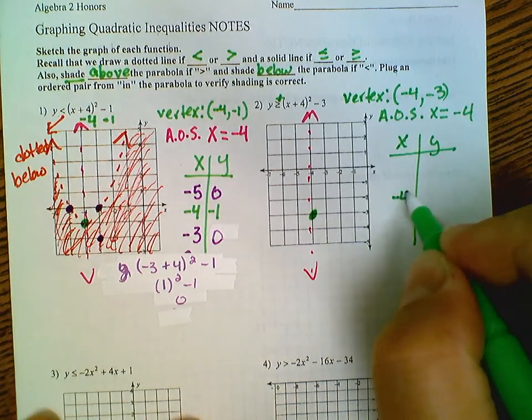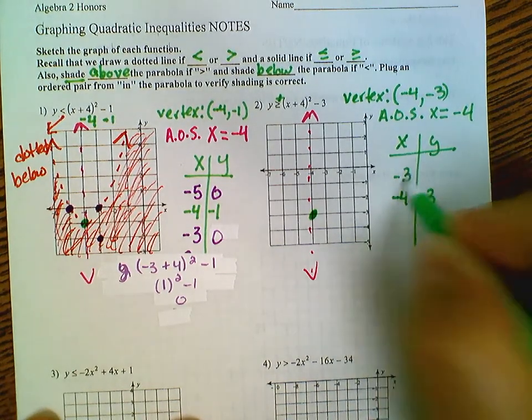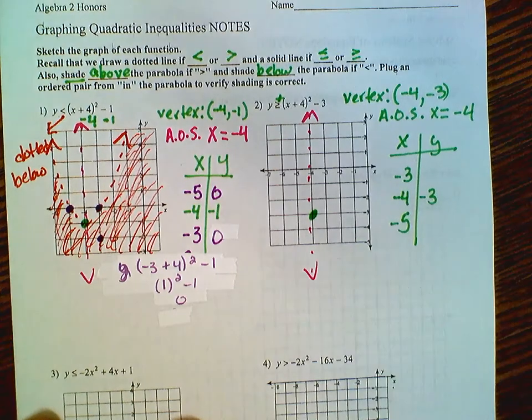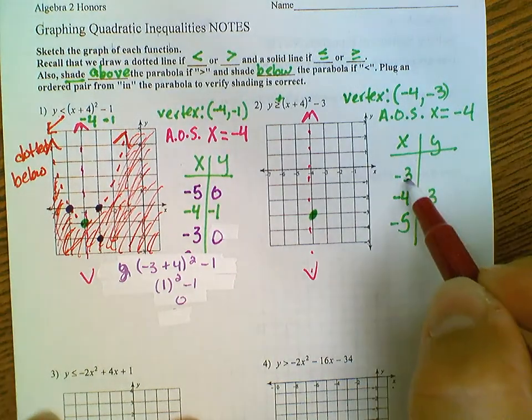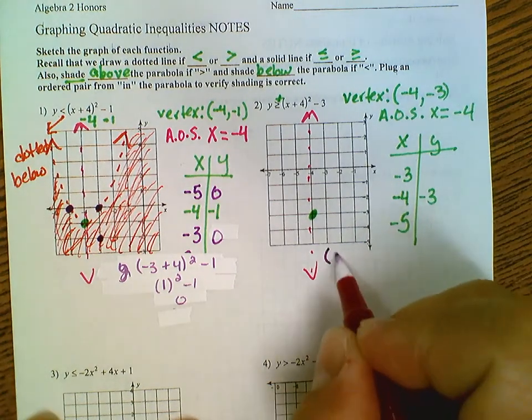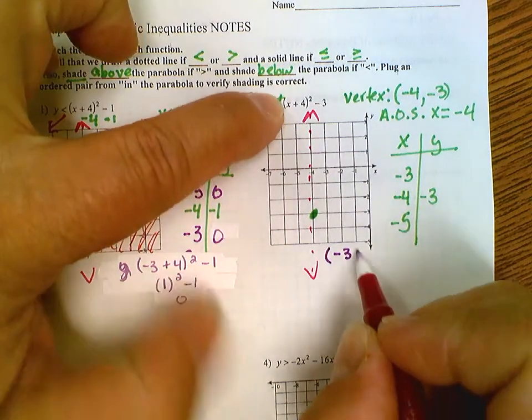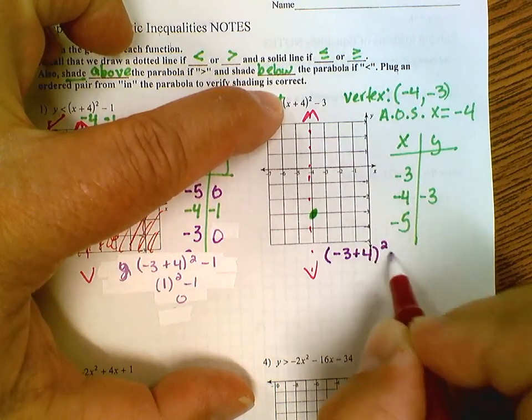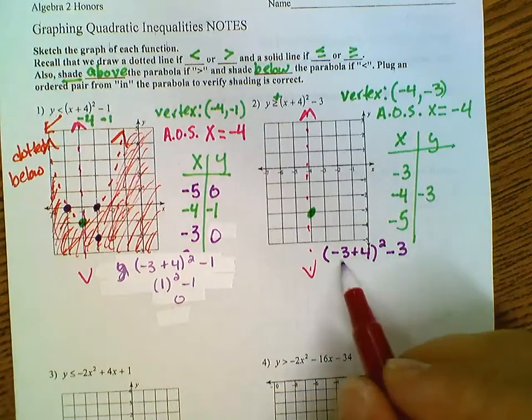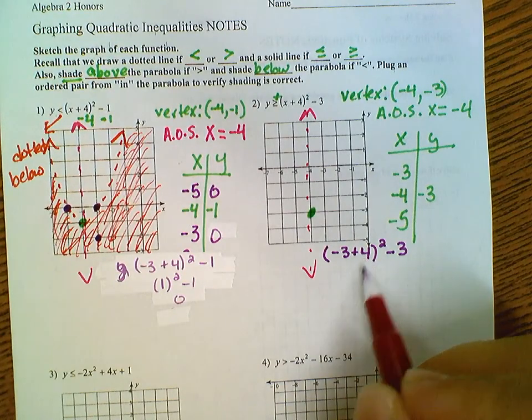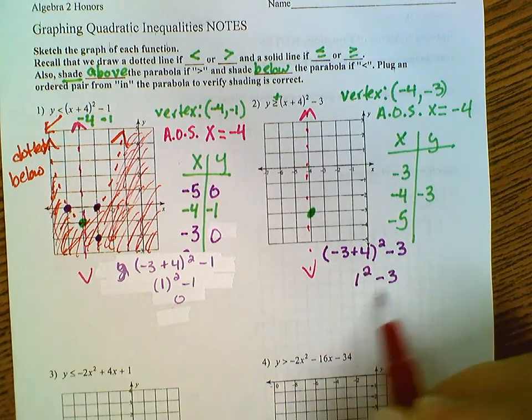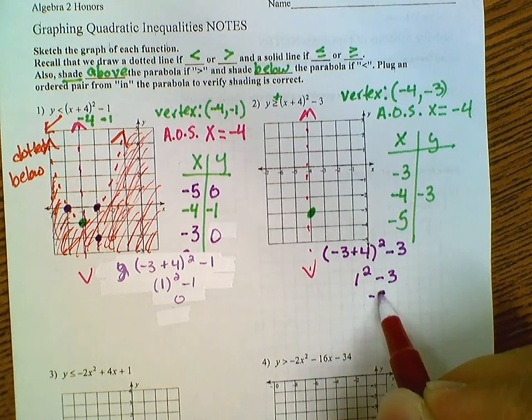I'm putting my vertex in the middle. I'm going to use -3 and -5 again. So if I plug in -3, I've got -3 plus 4 squared minus 3. -3 plus 4 is 1 squared minus 3. That's 1 minus 3, so I get -2.